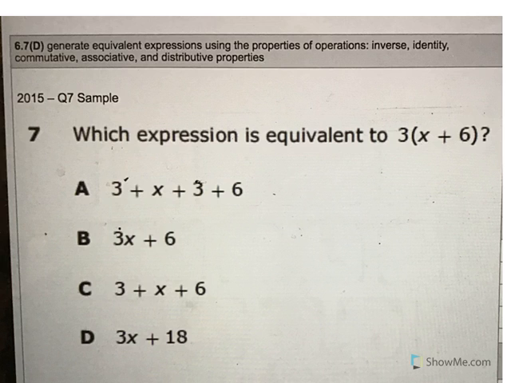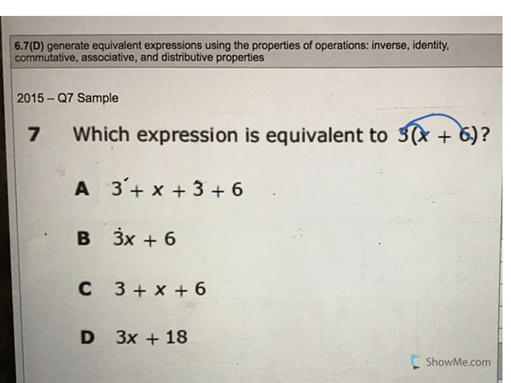Okay. And our last problem for this video, which expression is equivalent to 3 times the quantity x plus 6? So again, what are we doing here? We are doing the distributive property. So I can't combine the x and 6. They're not like terms. It's an x and it's a 6.